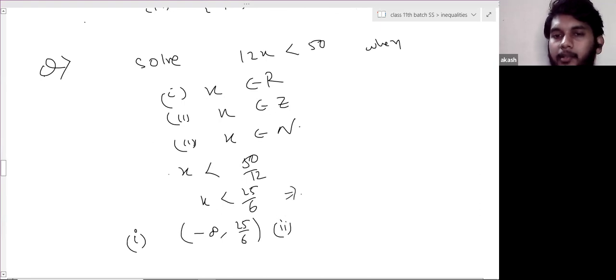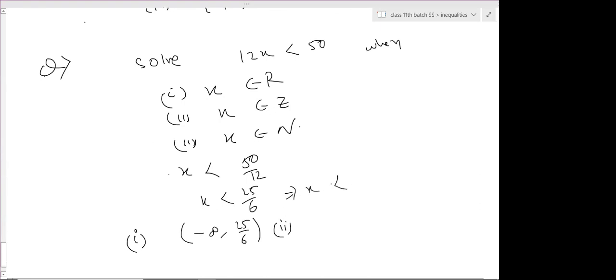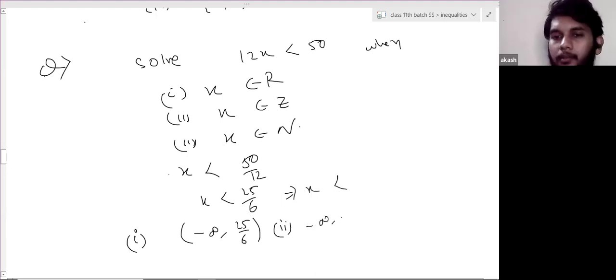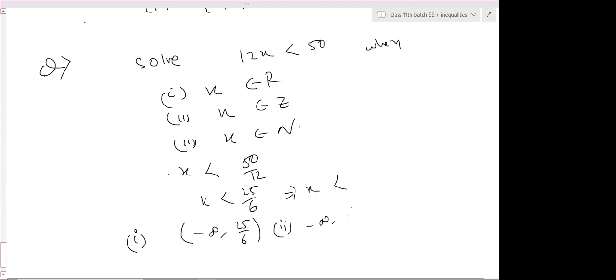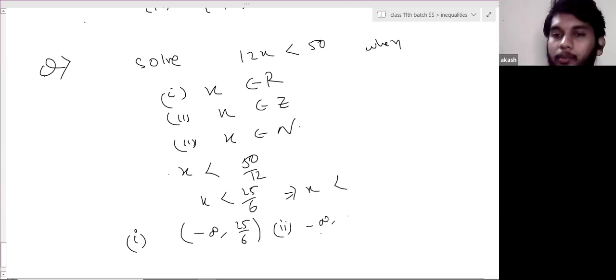We cannot write it as an interval. We cannot use intervals because intervals will count all the numbers in between them, right?